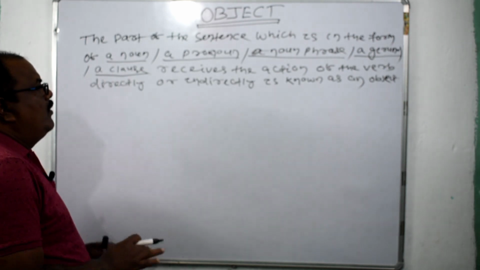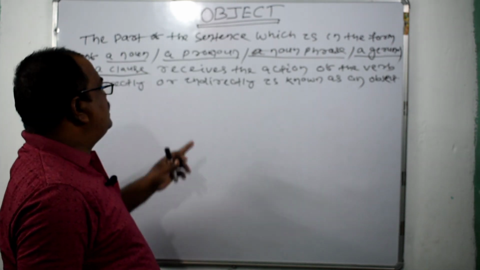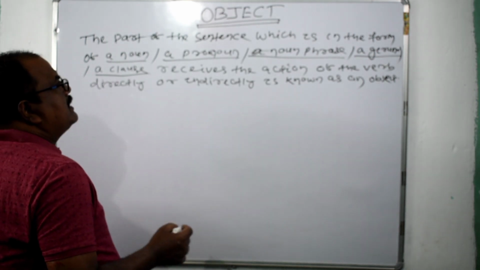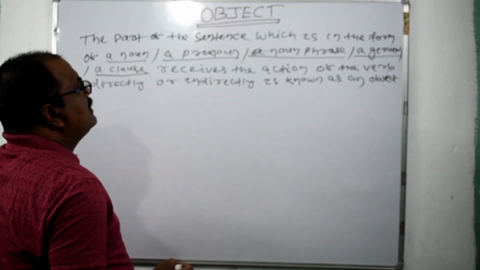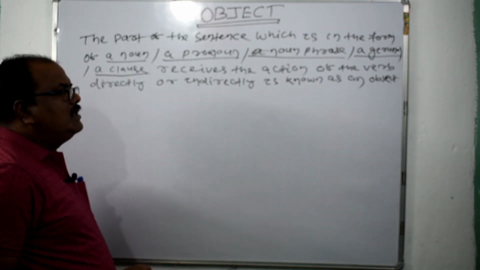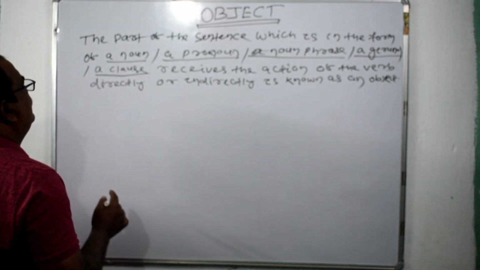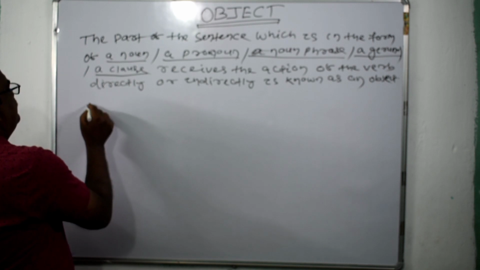Now we have to analyze the definition through examples. We can take different examples by which we will be able to understand the definition of the object.